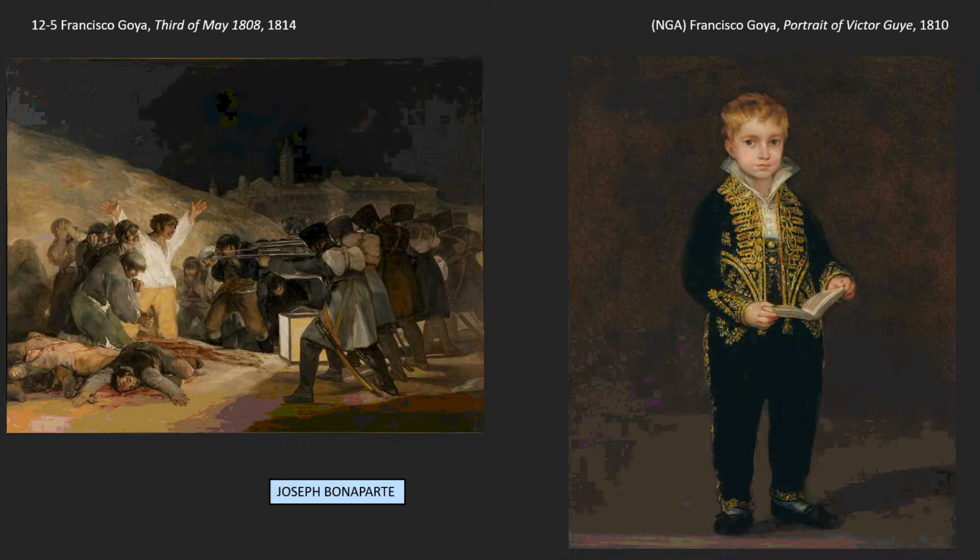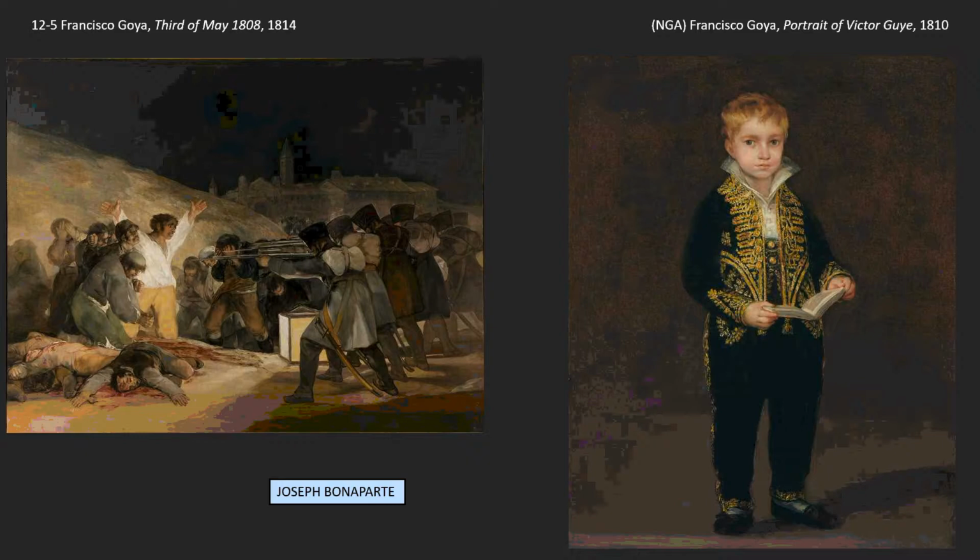He asked if he could please prove to the Spanish government that he was as patriotic as the next guy. And he requested to paint memorials to the battle, to the uprising, to the Spanish spirit in the face of the French onslaught. And that's what this picture was. A testament to the spirit of Spain.